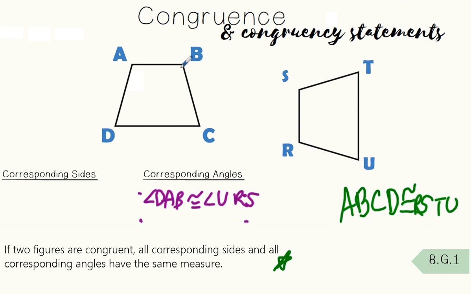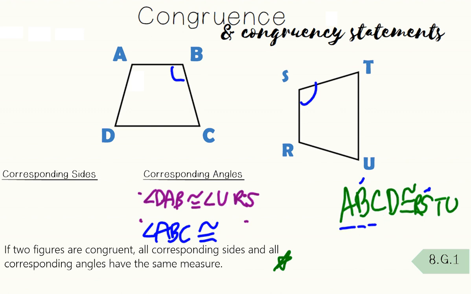If I wanted to talk about angle B, I can see that angle B corresponds in the letter list to angle S. These 2 angles will have the same measurement. But I'm not going to just call this angle B, I'm going to name the entire angle A, B, C. So I will write angle A, B, C is congruent to, well, I'm going to go back to my letter list.